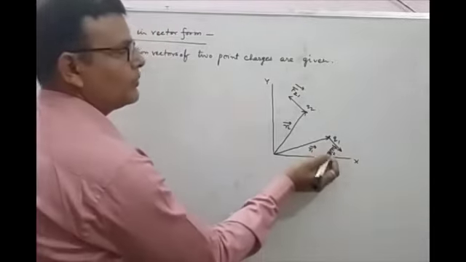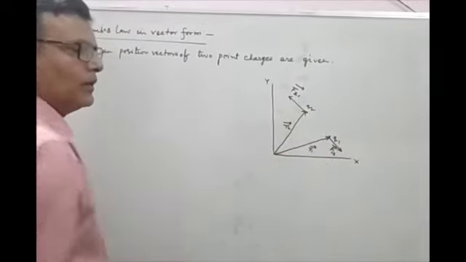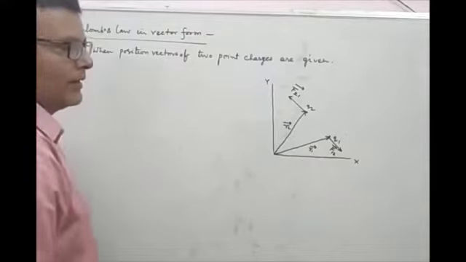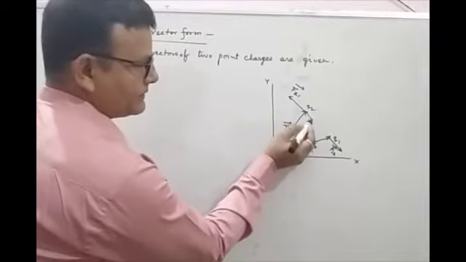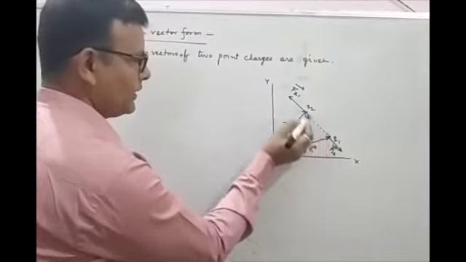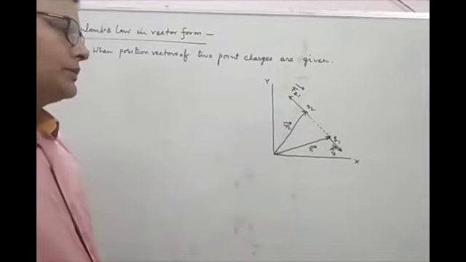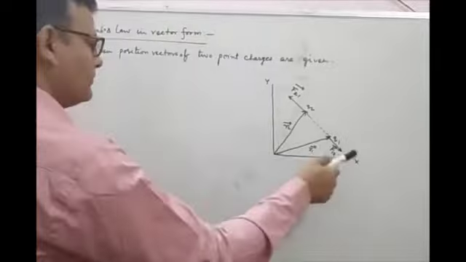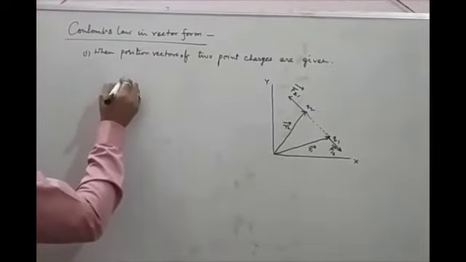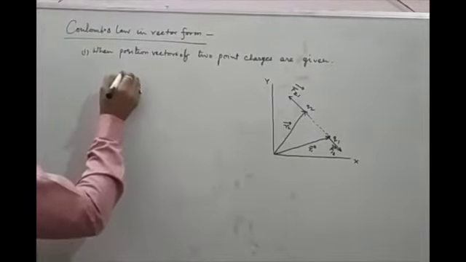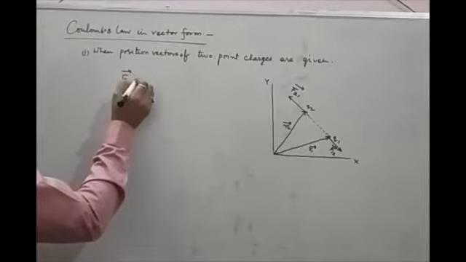F12 means force on Q1 due to Q2, and this is the distance between 2 point charges. Suppose we have to find F12, its magnitude as well as direction.